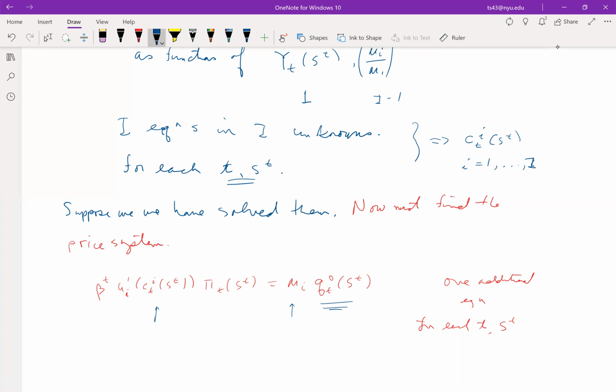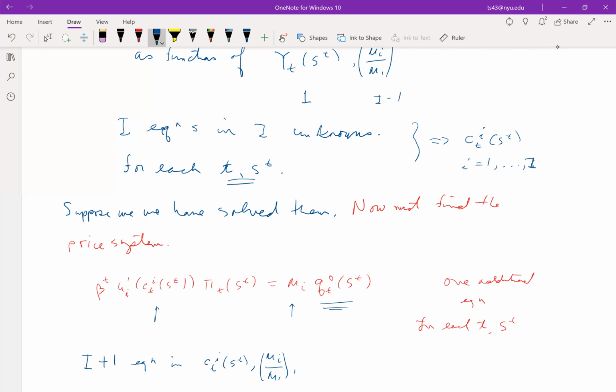So essentially what we've done now is we have I plus 1 equations in the C_t^i, in this one consumption, and in the ratio of the multipliers.